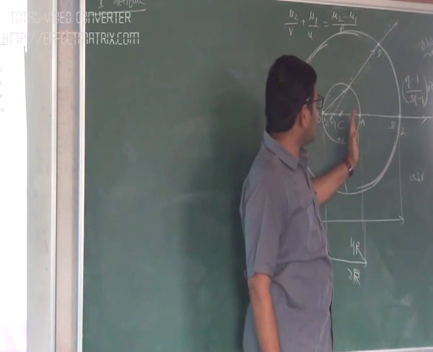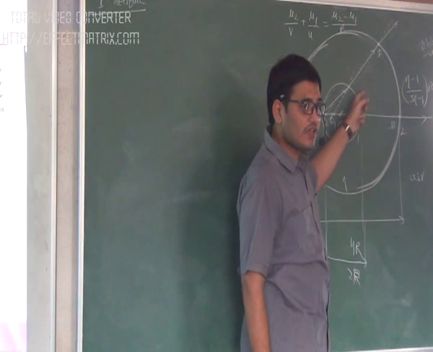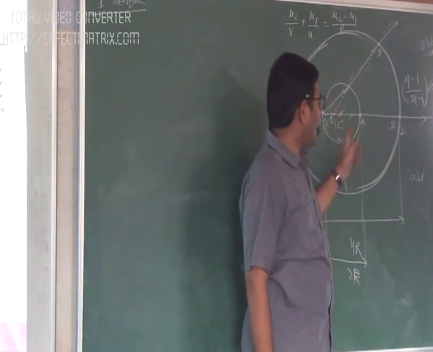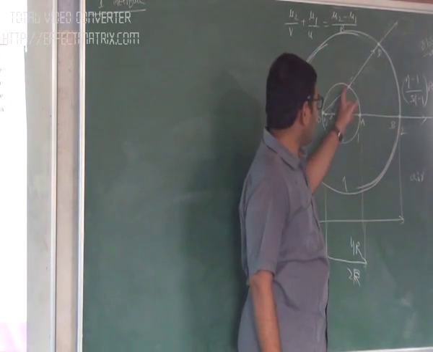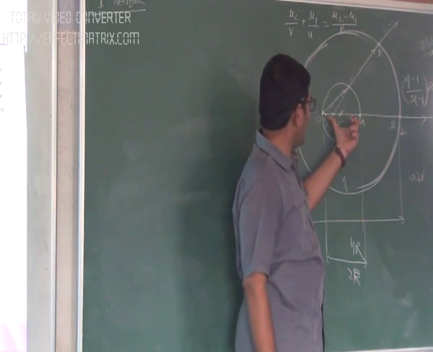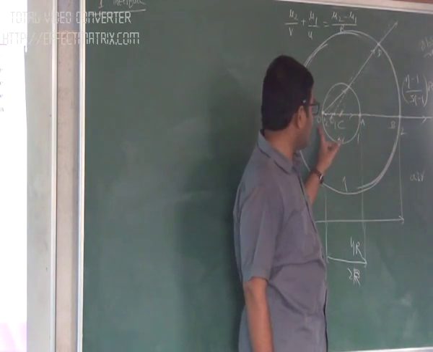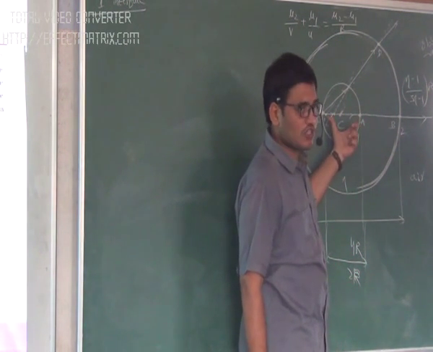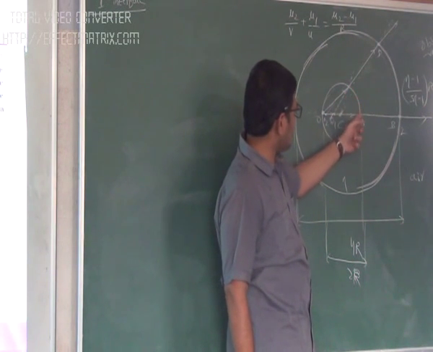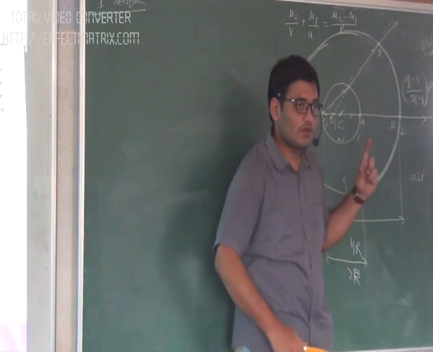Right? What is real space? This is real space for this interface, and this is virtual space. And the object is real. For this interface, what is the object? What is the distance? OA. OA is what? Object distance. It is 2R. So the object is real, which means we take object distance positive. So object distance for interface 1 is OA, that is 2R.